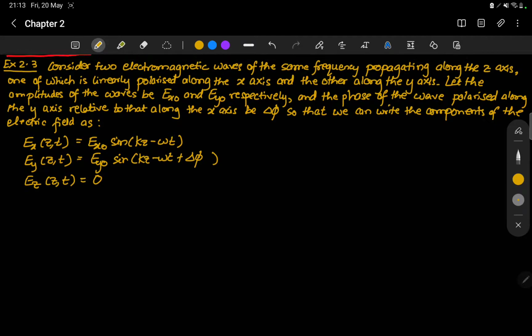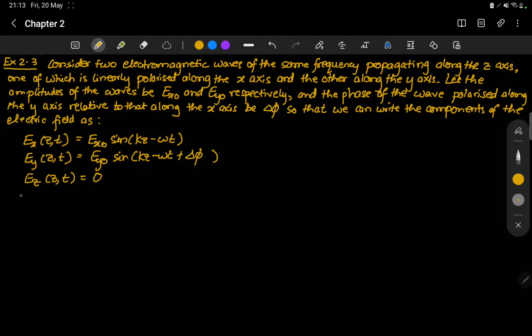Now the question says, describe the resulting polarization for the following cases.